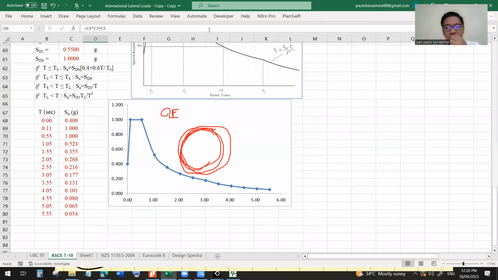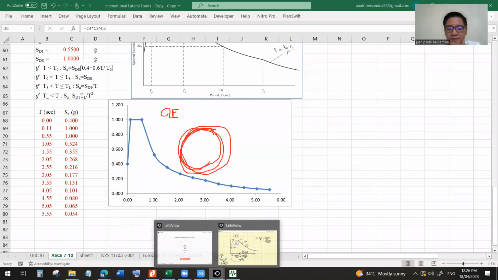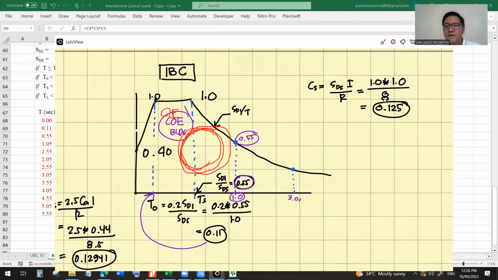And also, before I forget, take note, yung spectral acceleration natin is 1. But we're using only 0.125 sa base shear. Again, why? Because we incorporate the value 8, which is, you may say, the ductility factor.